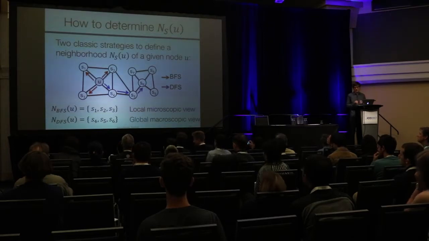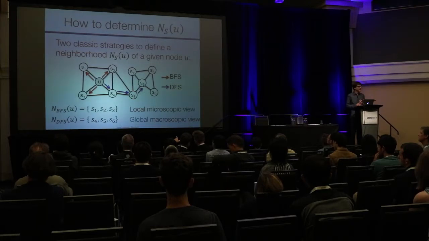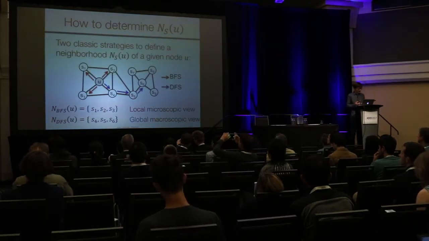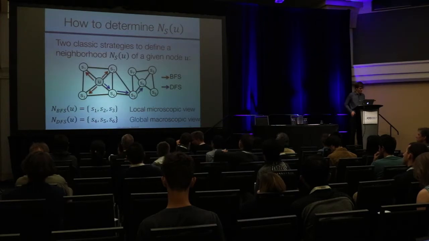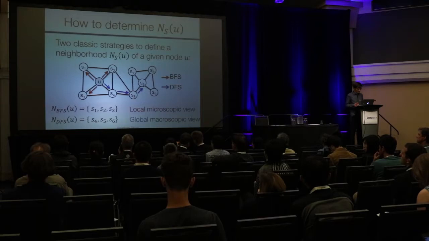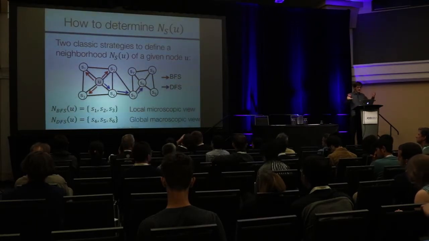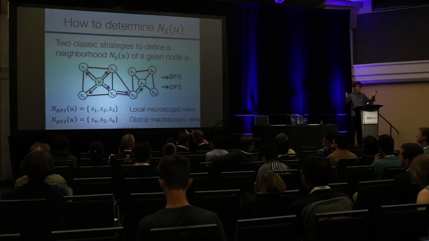It turns out that if you want good performance, you have to have a flexible notion of what the neighborhood is. Here I want to show you the way we thought about it, and think about the two most extreme versions of how you could define a neighborhood. One way would be to say I'm given a fixed budget of how many neighbors I can generate, and the question is how do I explore the network to generate a neighborhood of that size?